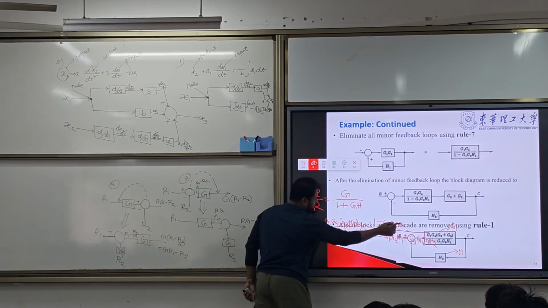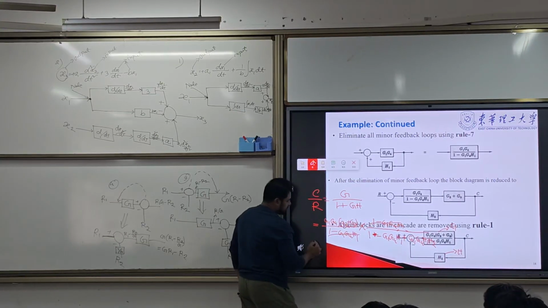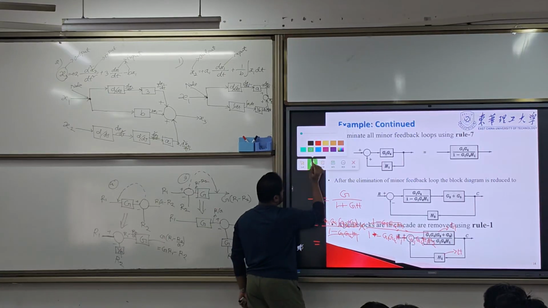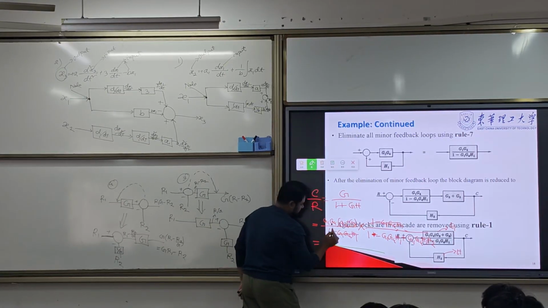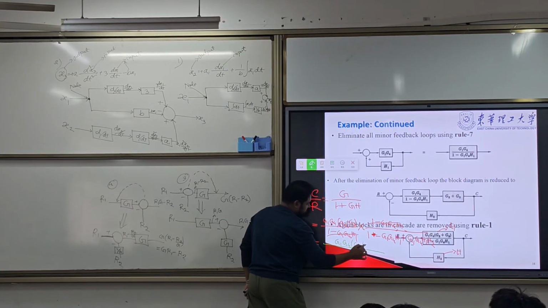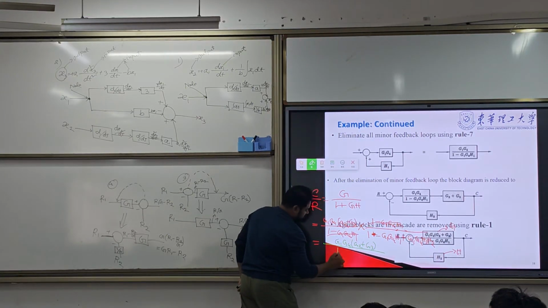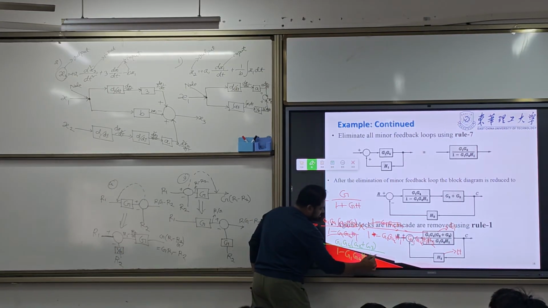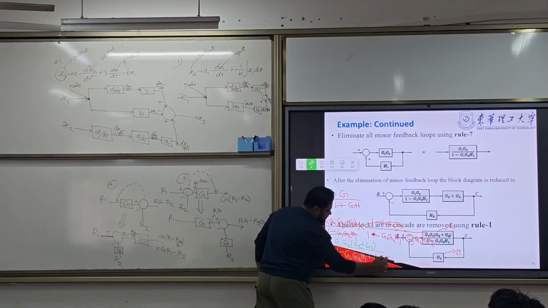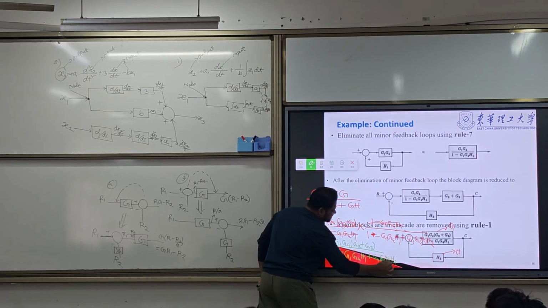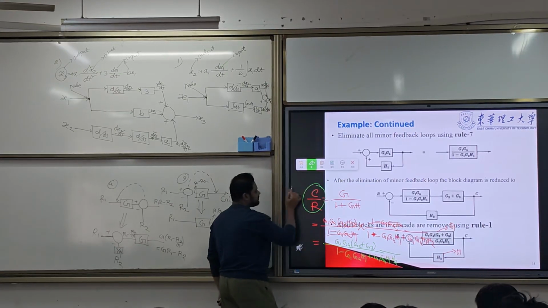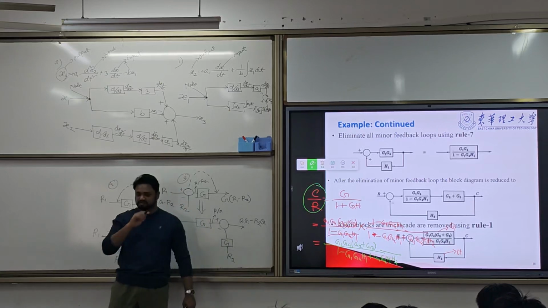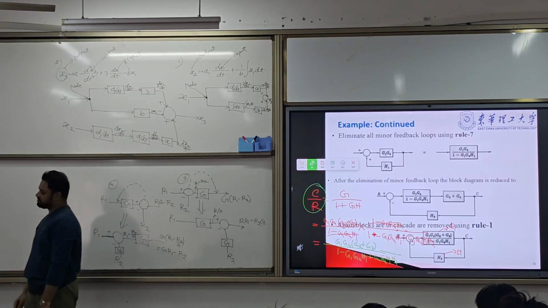So the total function will be G1 G4 (G2 plus G3) over 1 minus G1 G4 H1 plus G1 G4 H1 H2. This is your closed loop transfer function, C(s) by R(s).